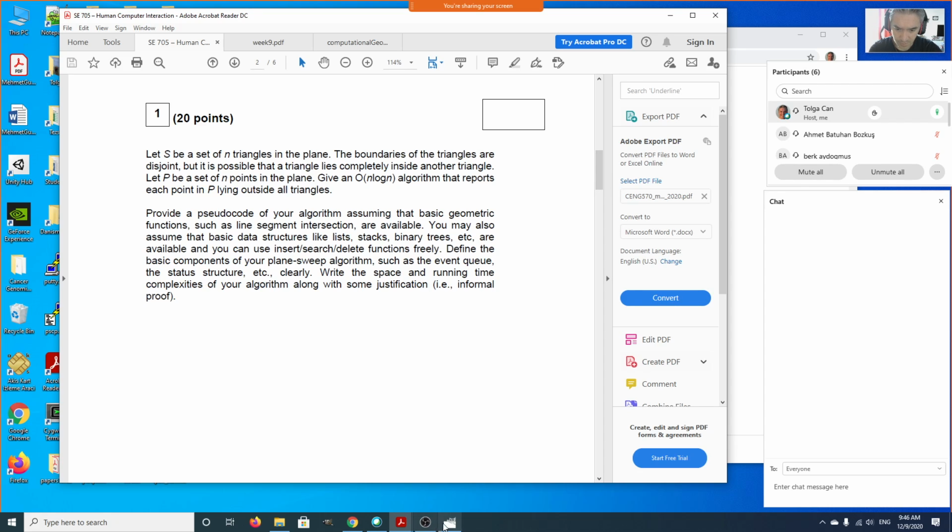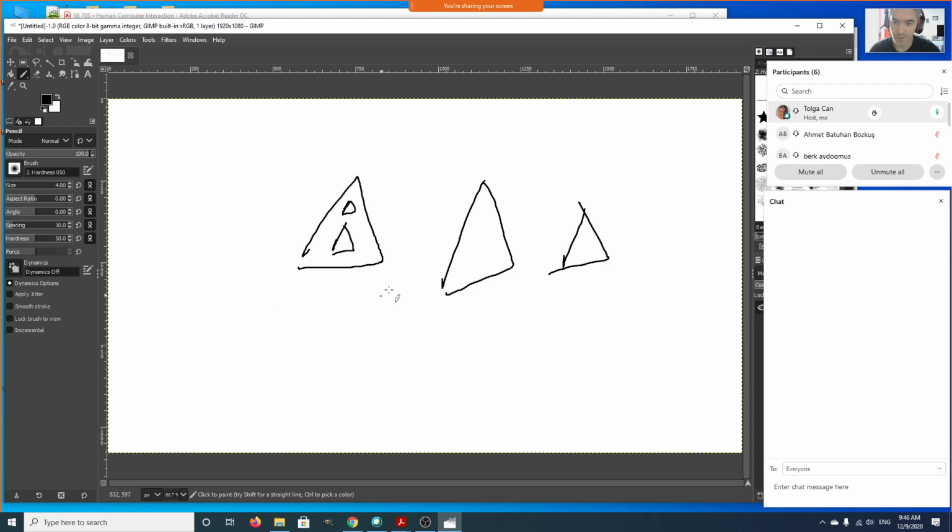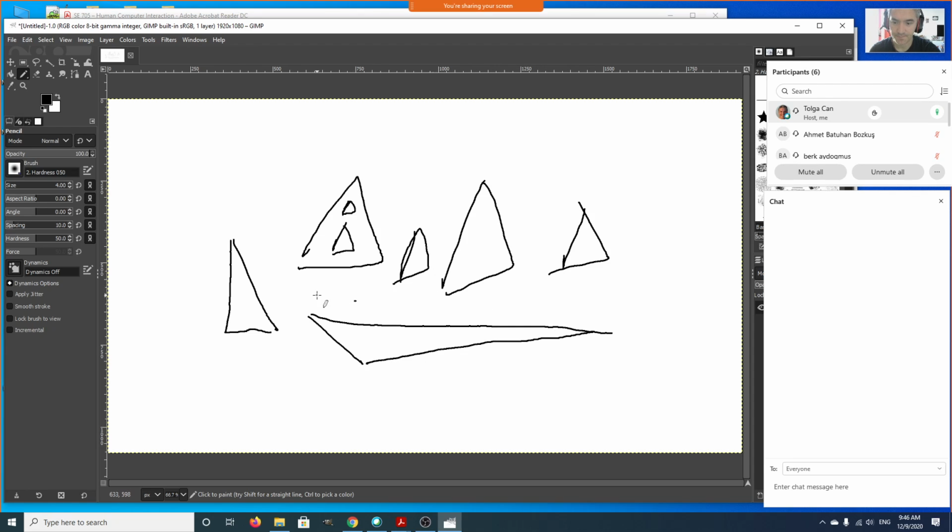So let's get back to this problem. I'm going to talk about this in GIMP. So we have triangles. There may be some small triangles inside large triangles. Okay, and we have some points.